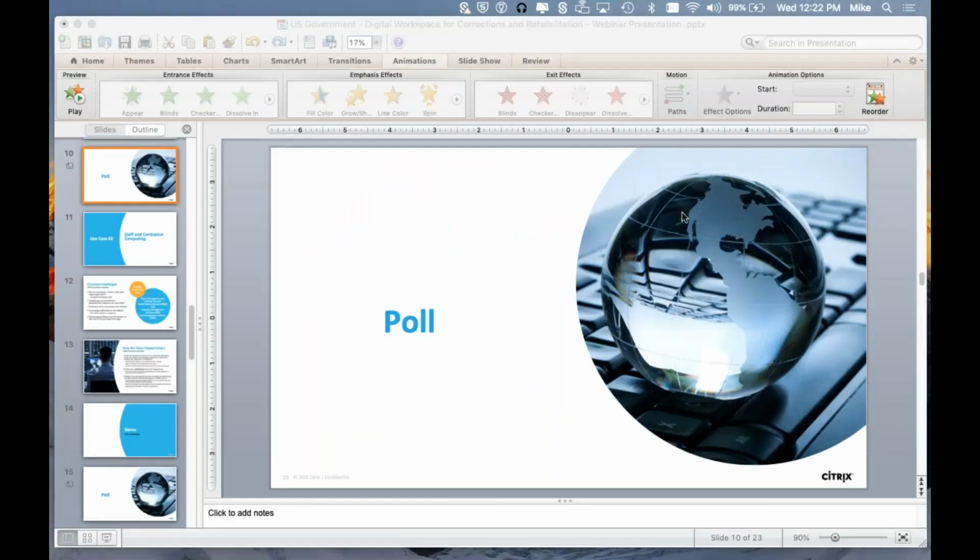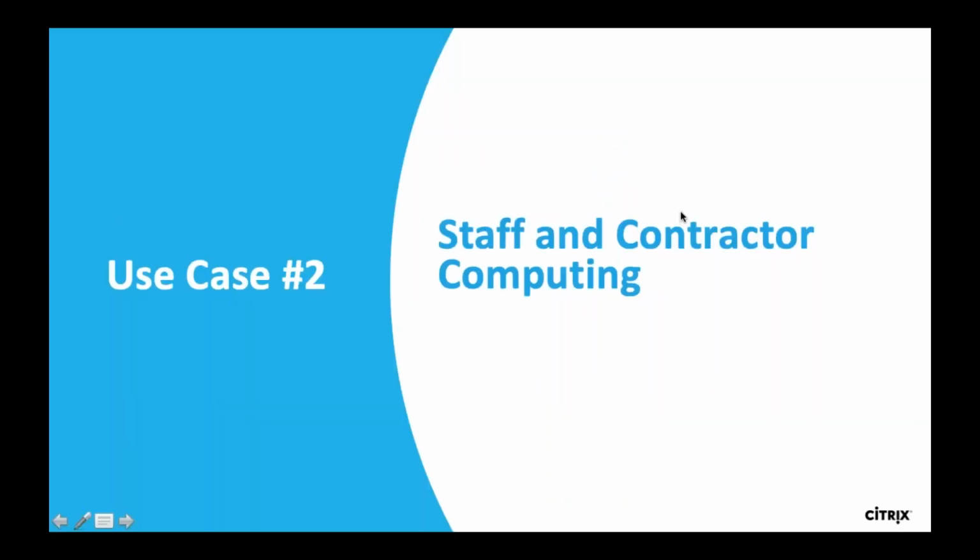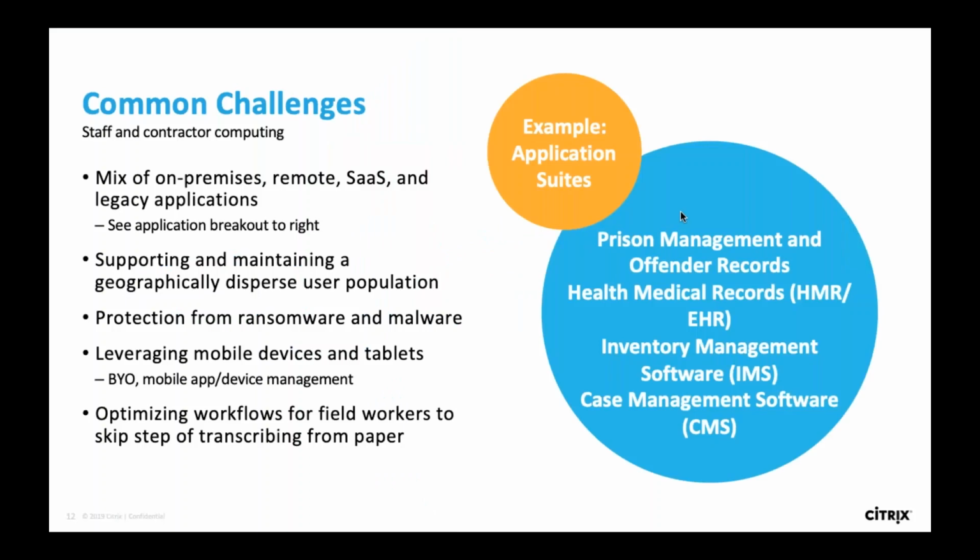So we're going to jump into staff and contractor computing. Some of the challenges that we see with a lot of corrections is there's a mix and a variety of facilities and applications, whether there's legacy applications, remote sites, SaaS applications, on-prem applications, any flavor of cloud, whether it's AWS today and Azure tomorrow, maybe GCP 6 months from now, or whatever the case may be.